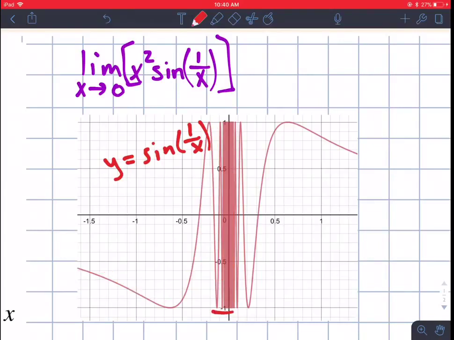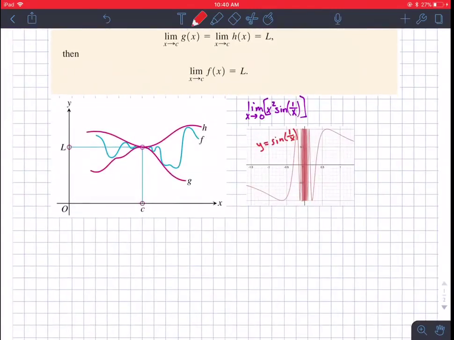It's going between y equals -1 and y equals 1, and the closer we get to 0, the more it's oscillating. So it never settles on one specific value. Therefore, this limit doesn't appear to exist, and in fact, the limit as x approaches 0 of sine of 1 over x indeed does not exist. The question is, does this whole limit exist?